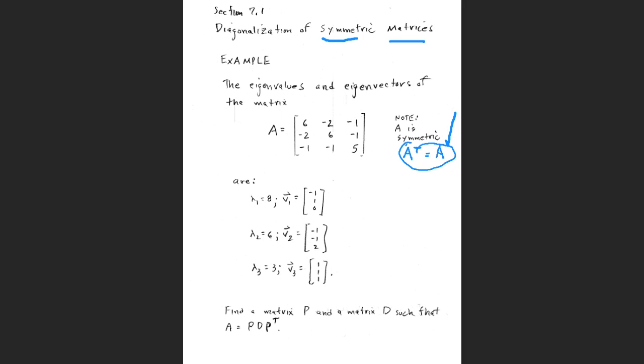There are 3 distinct eigenvalues and therefore 3 distinct eigenvectors.